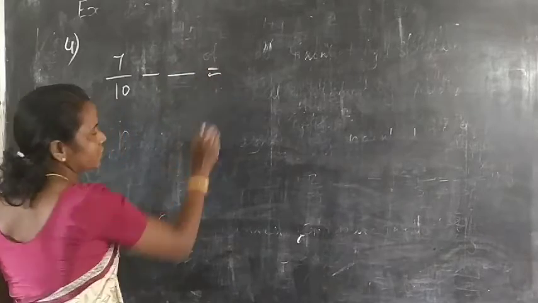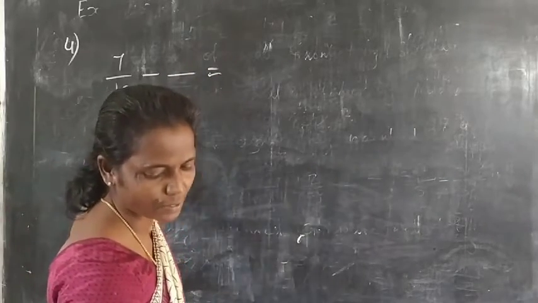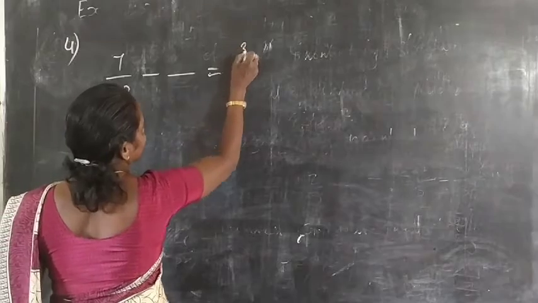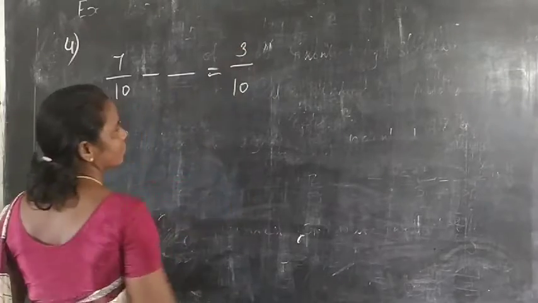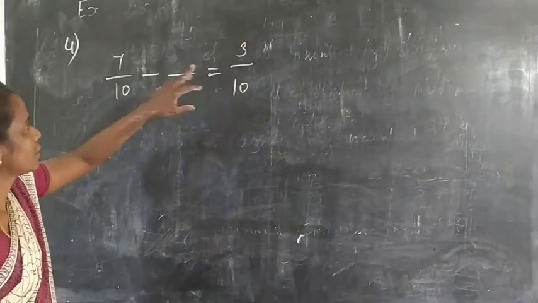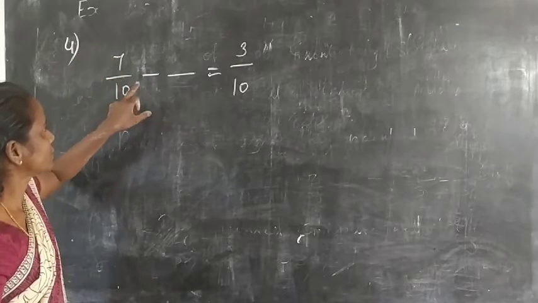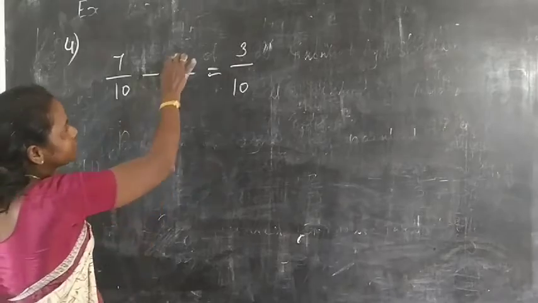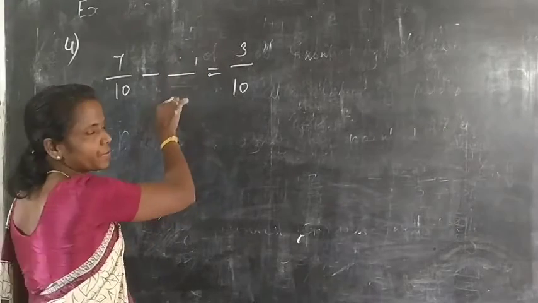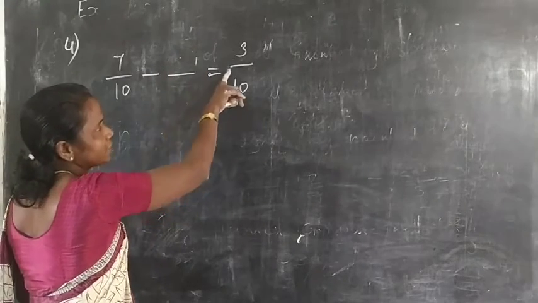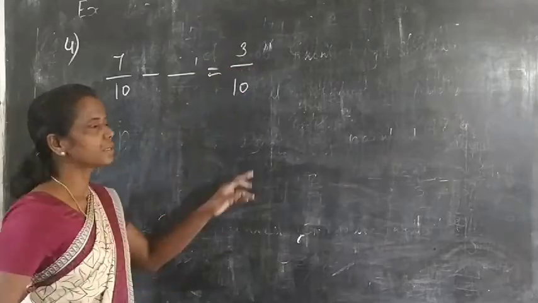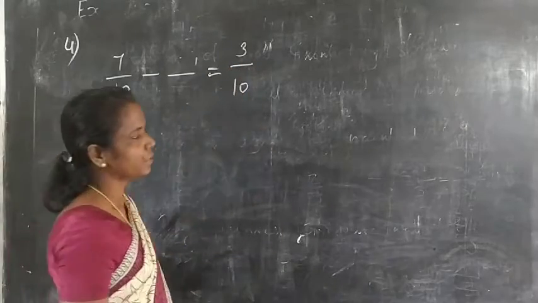The second number is not given, then what is its answer? 3 by 10. This 7 by 10 is subtracted from which number? This number is not given, so we find out this number. Then what is its answer? 3 by 10. Then another example.